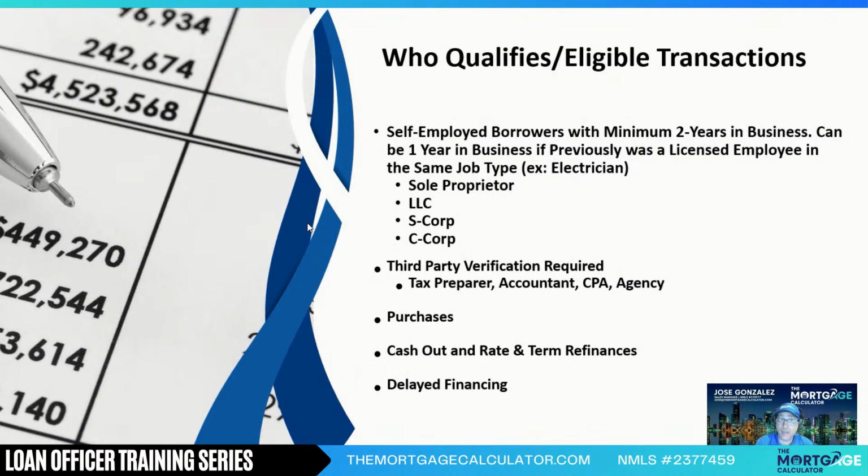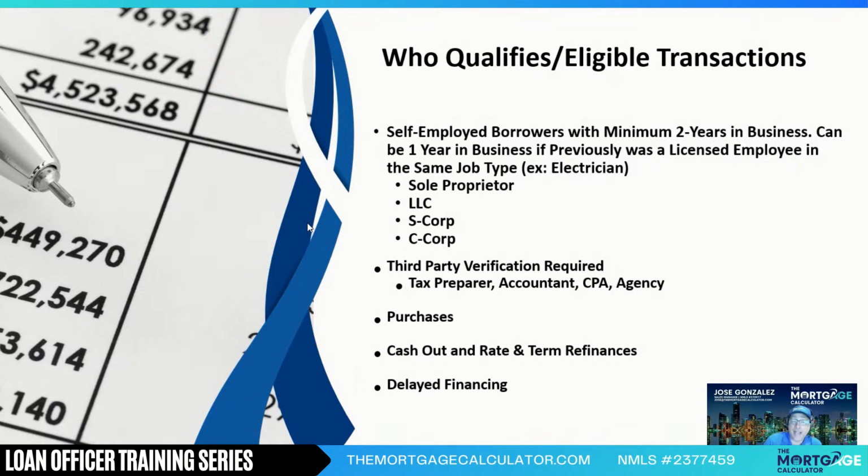It says 2 years in business, but you could consider that as 2 years self employment. Now, there is a caveat to that, right? It can be 1 year self employment if they were previously a licensed employee in the same job type.